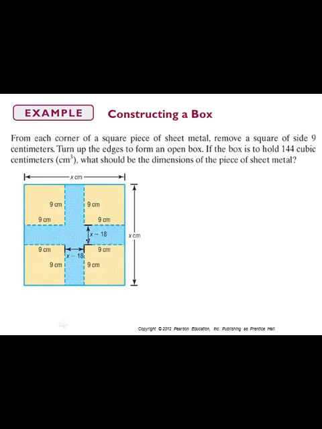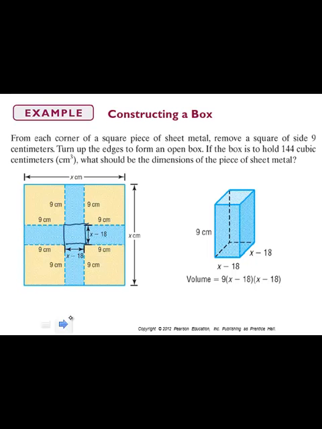Now, when you fold each side up along these creases to make the sides of an open top box, each side of the bottom is x minus 18. So here's what the box will look like. I know that the bottom doesn't look like a square, but it really is a square.